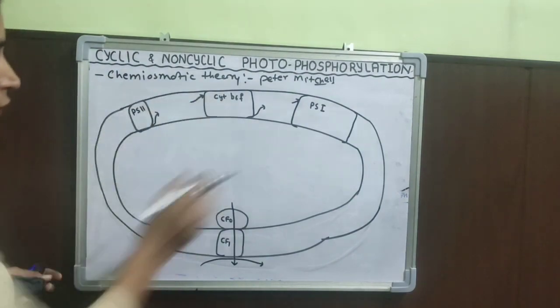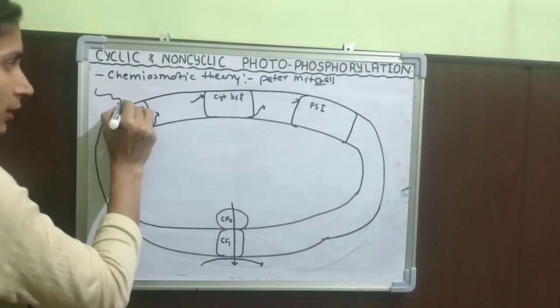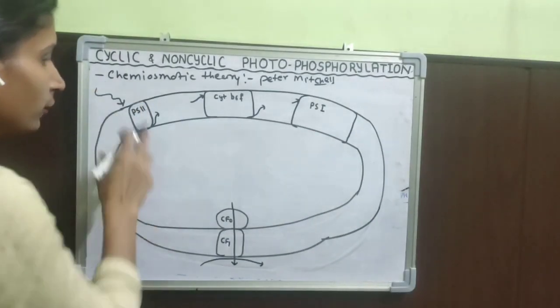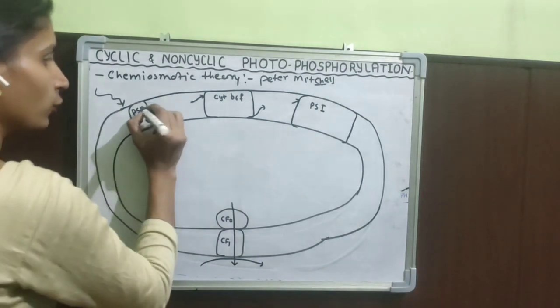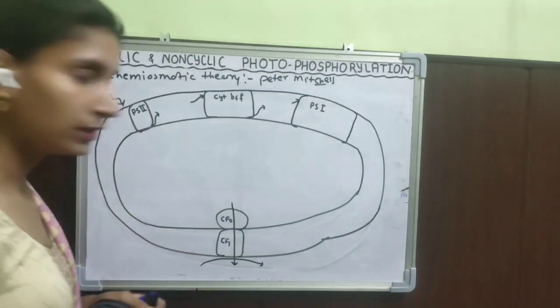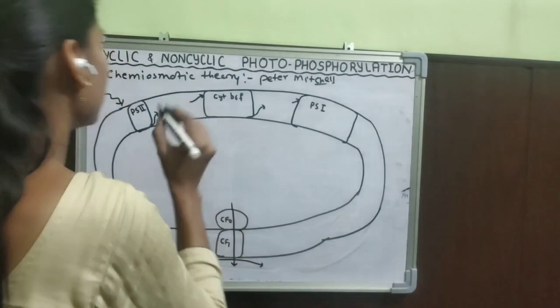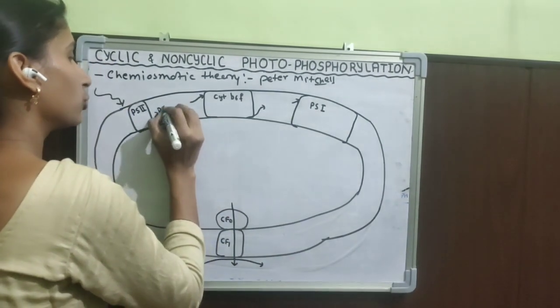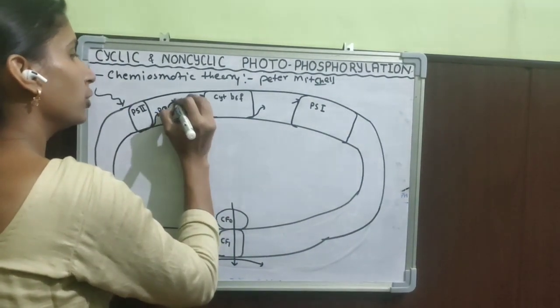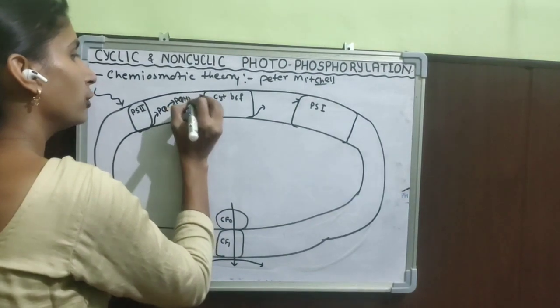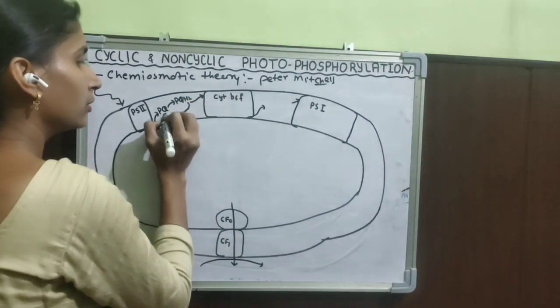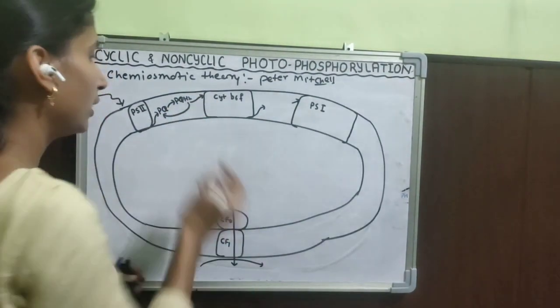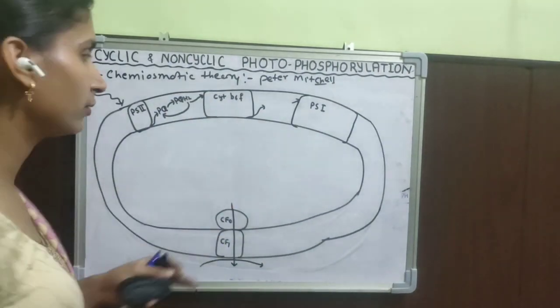On the membrane of the thylakoid, sunlight comes and is trapped by photosystem 2, and its chlorophyll pigment gets excited and transfers its electron to plastoquinone, which gets reduced into plastohydroquinone, which came back in a cyclic manner. So this step occurs cyclically.